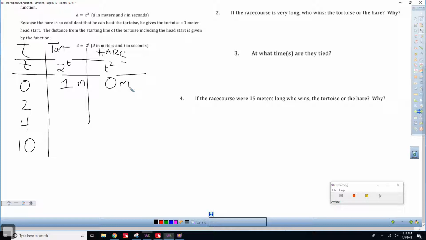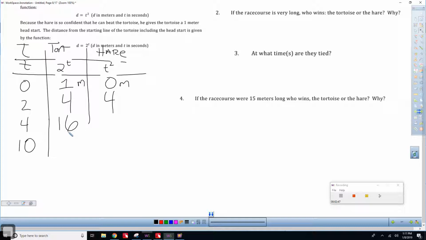Right? After 2 seconds, what's 2 to the second? So after 2 seconds, they've both gone 4 meters. Okay? Now, 2 to the 4th, 2, 4, 8, 16.